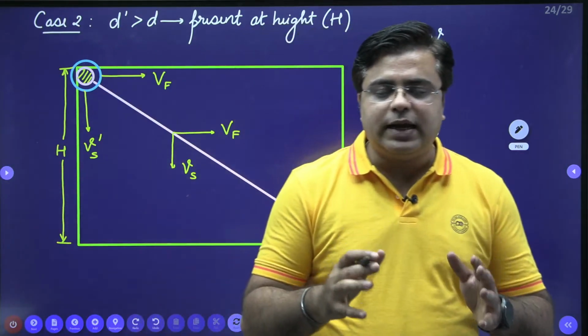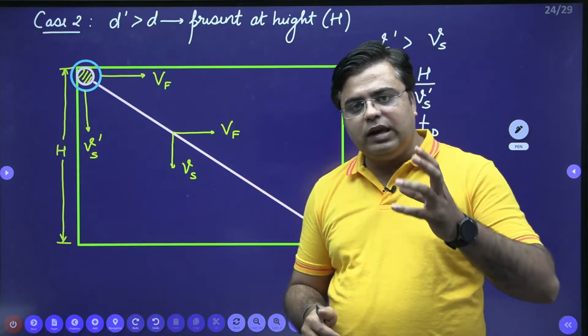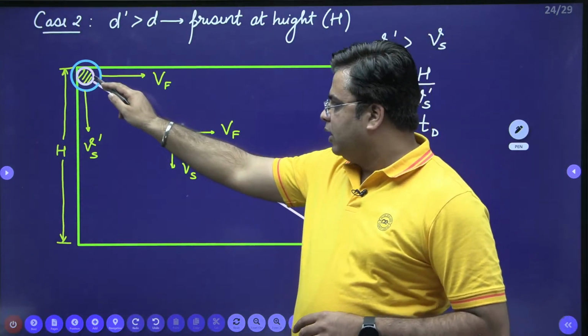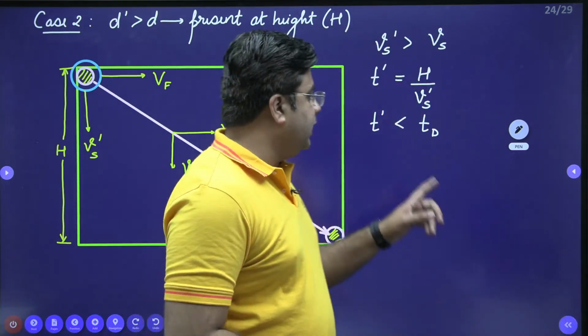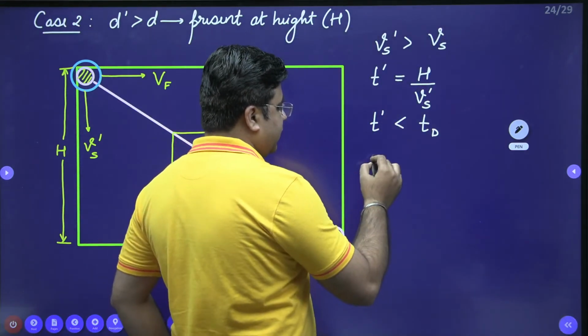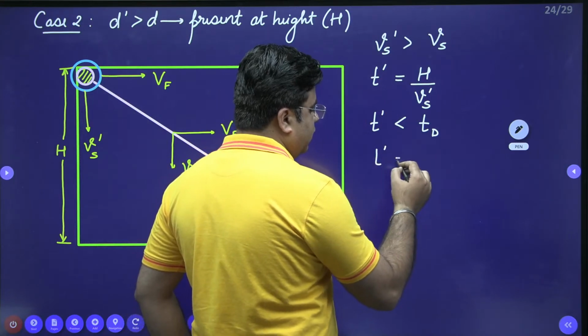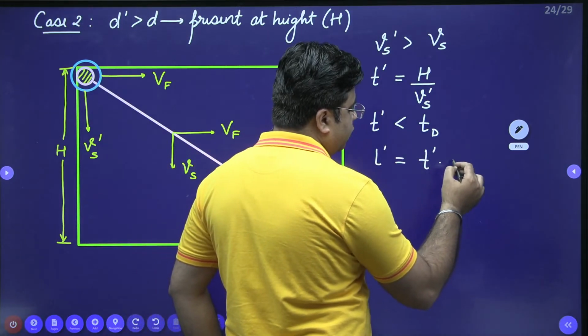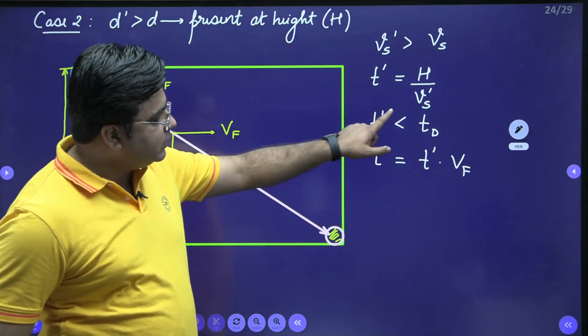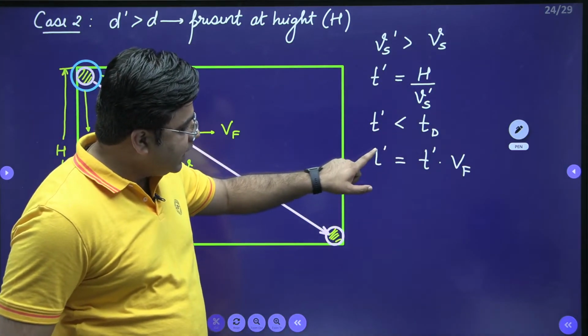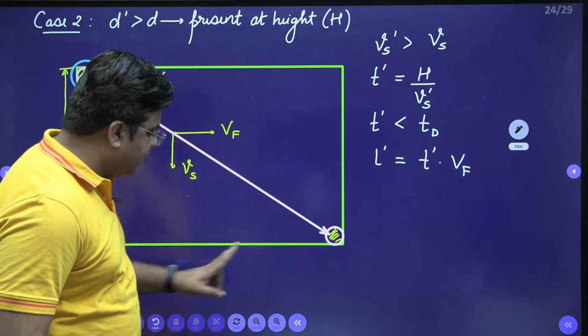So even in lesser time, these larger size solids are going to settle in the tank. In this time T dash, the length travelled by the particle L dash is equal to T dash into Vf. Okay. Now this T dash is less than Td, therefore this L dash is less than L.